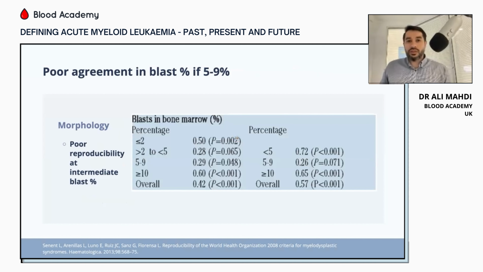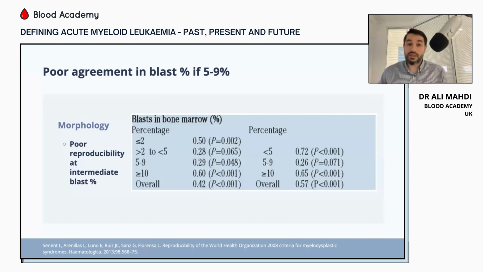So the first thing to highlight in terms of the morphology is that the agreement between expert hematopathologists, when you have an indeterminate percentage of blast cells, so that percentage of between 5 and 9%, is generally very, very poor.